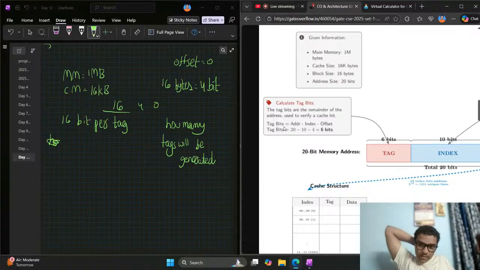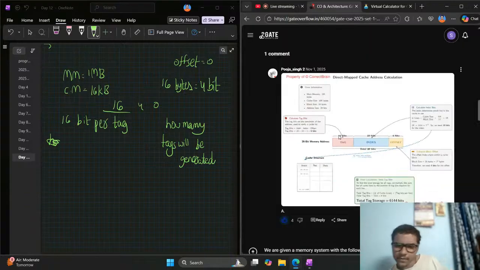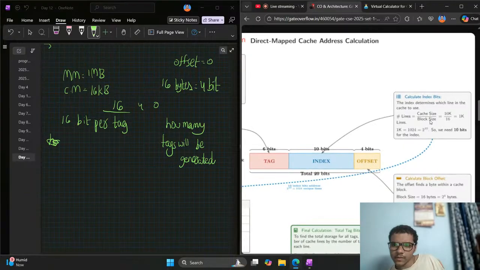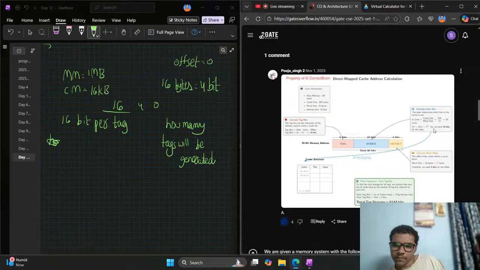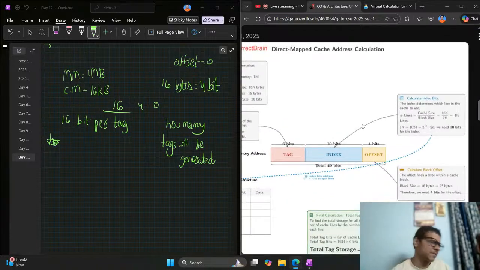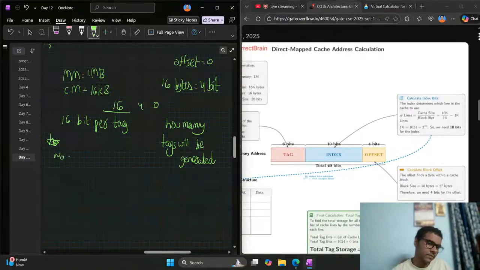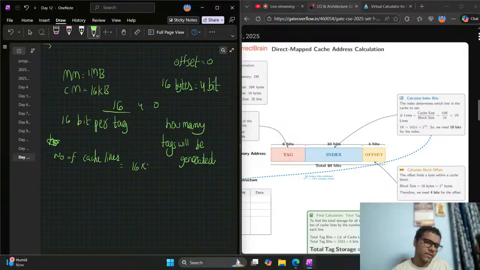The tag bits are the remainder of the address. Index bits. Index, alright, number of cache lines. 16 KB by 16.